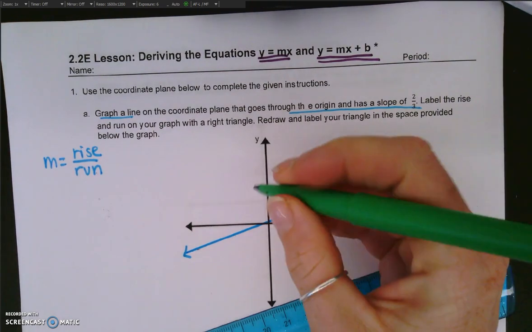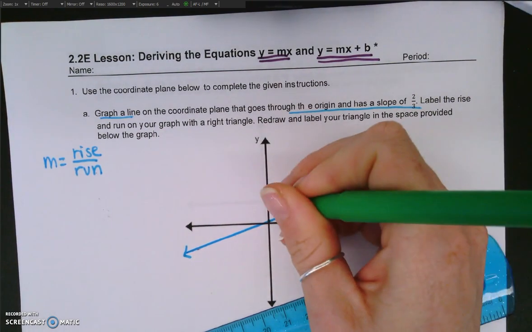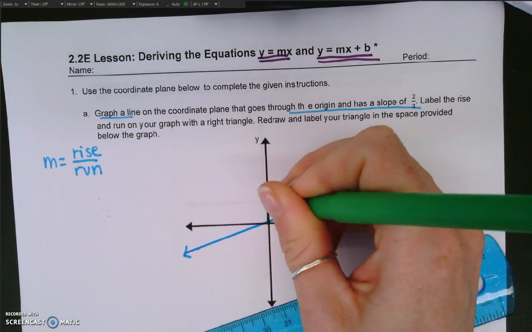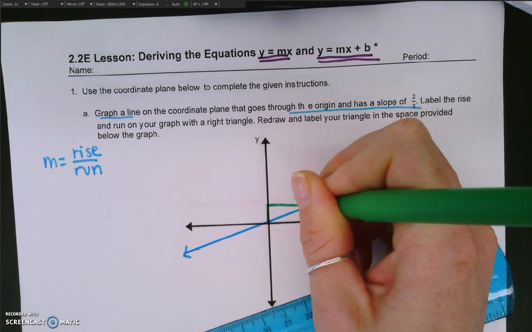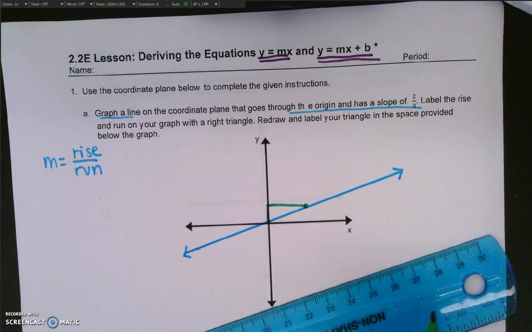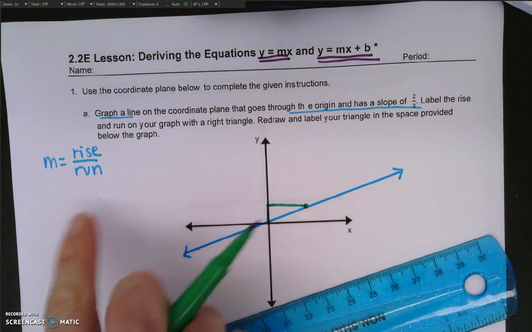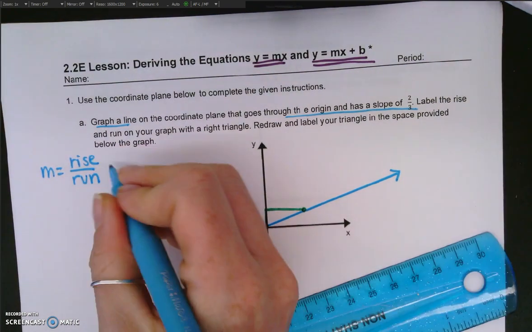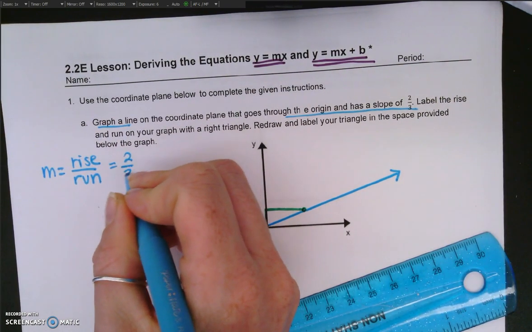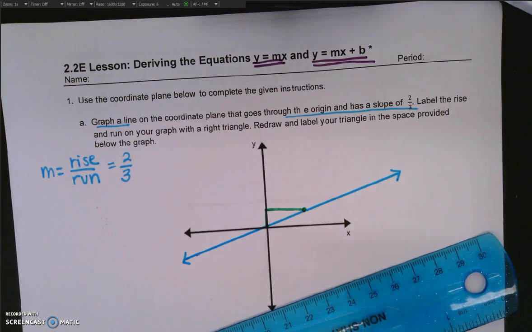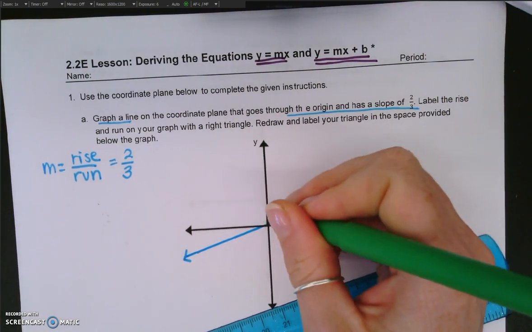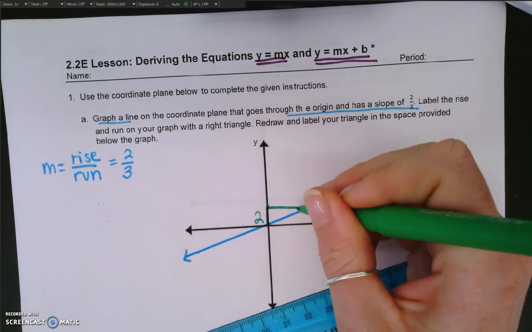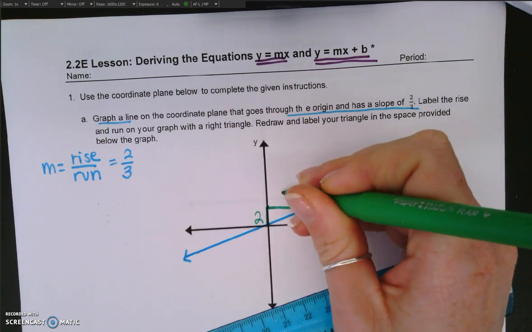To do this, let's start at the origin, go up, and over to our line. Because we know we have a slope of 2/3, which is rise over run, let's put that right here, 2/3. We know that the rise of our right triangle is 2, and the run is 3.